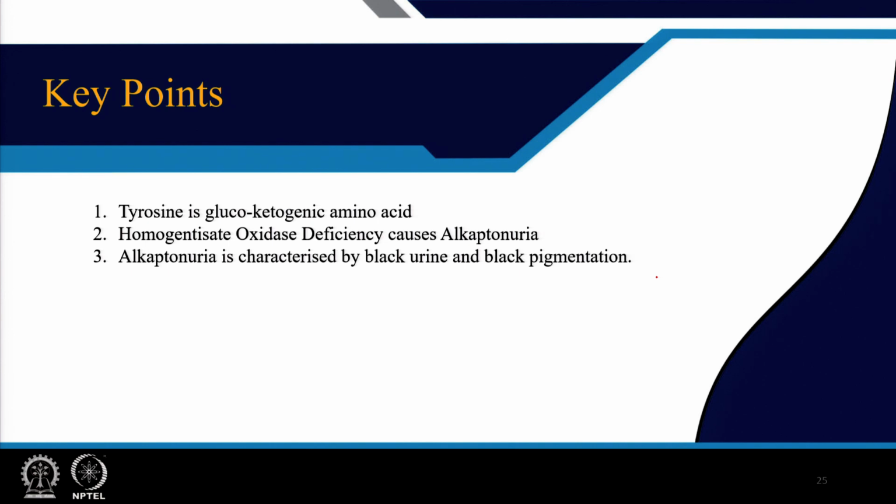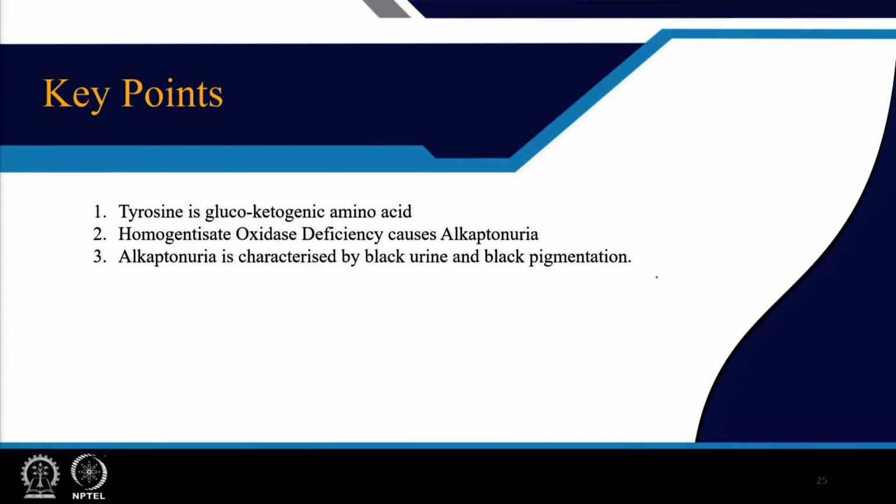What we have learned is a brief discussion of tyrosine, where tyrosine is glucogenic as well as ketogenic, because on catabolism tyrosine forms fumarate, which is glucogenic, and also forms acetoacetate, which is ketogenic. Then we discussed different tyrosinemias, type 1, type 2 and type 3, where there are inborn defects in the degradation related enzymes of tyrosine.